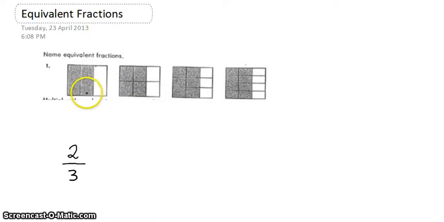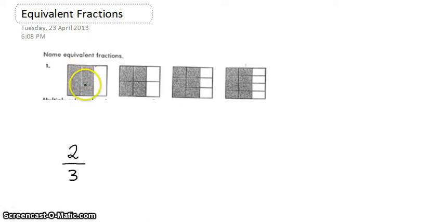Now, if I want to make an equivalent fraction from 2/3, I do that by multiplying, and I do that by multiplying first the number of parts being shaded in or considered, and I can choose to multiply that by any number. To start off with, I might multiply it by 2.